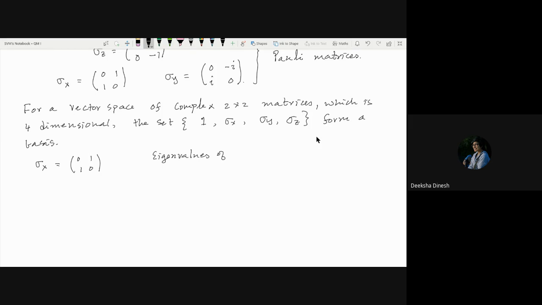Even without solving, we should be able to find out, because I told you in whichever direction you put it, it will divide into h cross by 2 and minus h cross by 2. So it has to be plus minus 1. So the eigenvalues of sigma x are plus minus 1. Okay. Now we can ask a question: what are the eigenvectors?